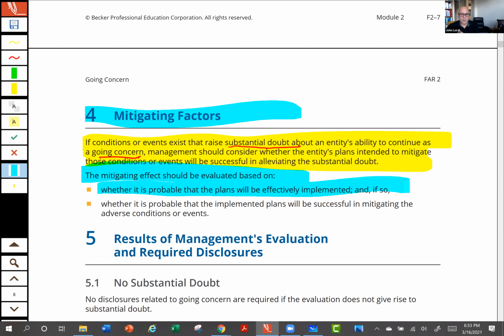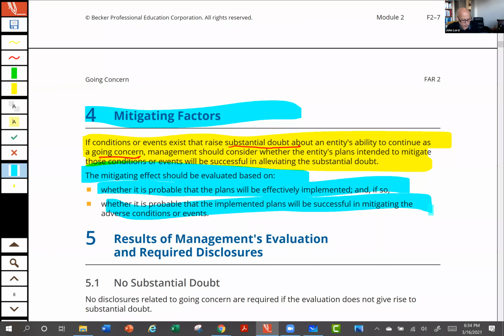So it has to be something that they can effectively implement, and it must be probable that the implementation plan will actually be successful, right? So they say, well, our plan to get out of our cash shortage is to sell off all our assets. Well, yeah, you can sell off all your assets, but now how are you going to operate? Okay, so it has to be something that they can reasonably do, and it has to have the potential of being successful.